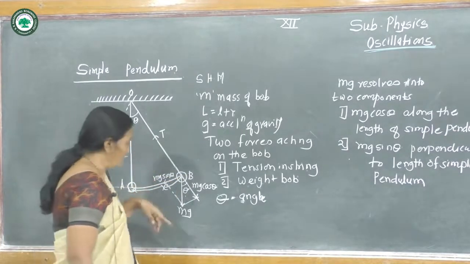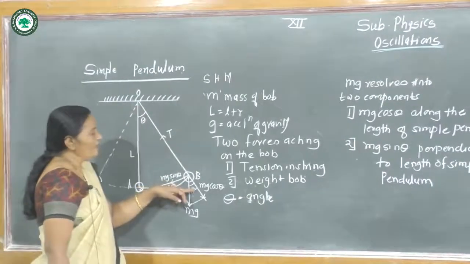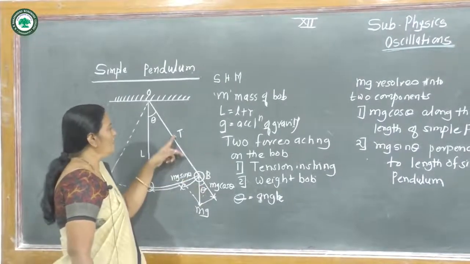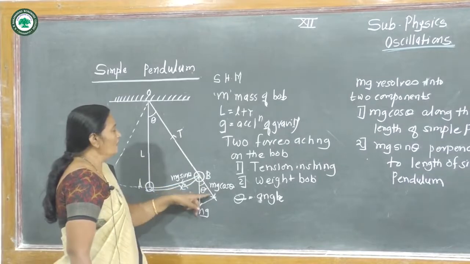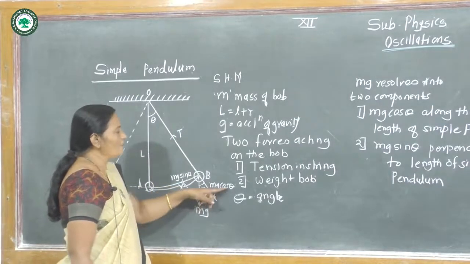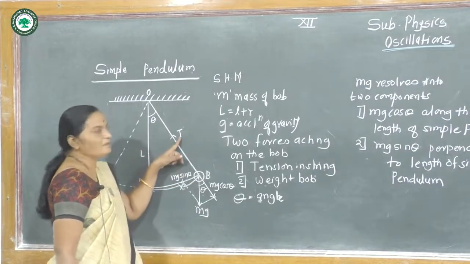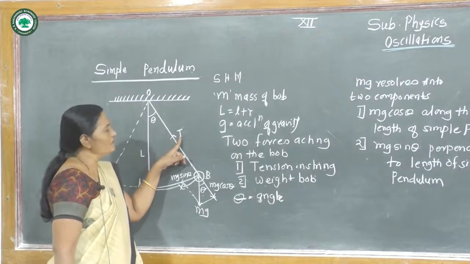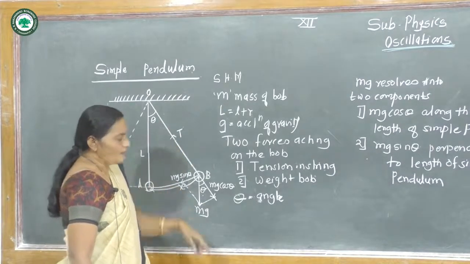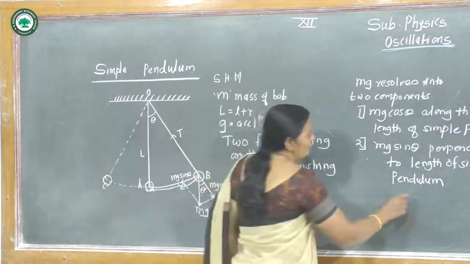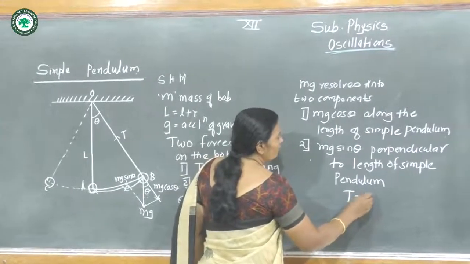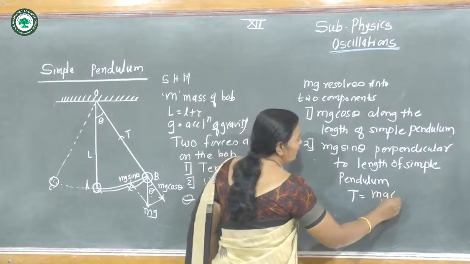Now see the figure. In this figure, mg cos theta and tension are along the length. That is, the component mg cos theta is balanced by the tension in the string T. That is, T is equal to mg cos theta.